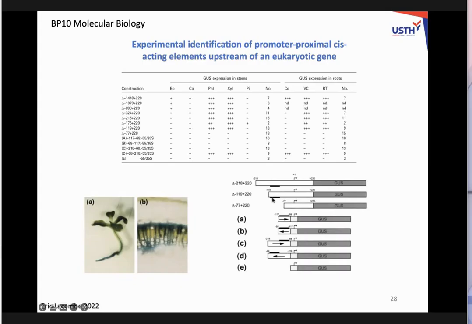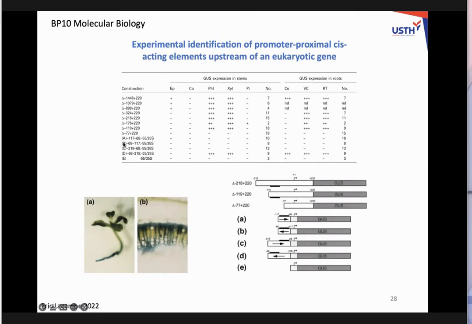The conclusion was the one that we drew before, minus 119 till minus 77 necessary, and you see activity for minus 119, no activity for minus 77. So the last rows of the table and the corresponding drawings. So these are the drawings of the constructs that are presented on the bottom of this table. These are the constructs to prove if the sequence that we found before was sufficient.